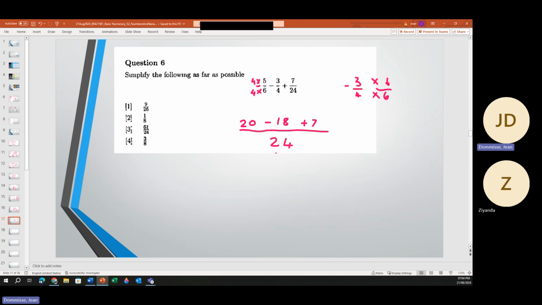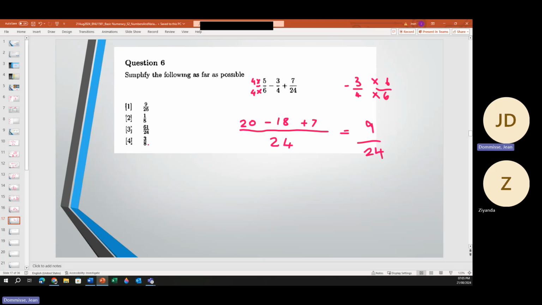Okay, and now it's a bit simpler to work out. 20 minus 18 is 2. 2 plus 7 is 9. And that is then 9 over 24.